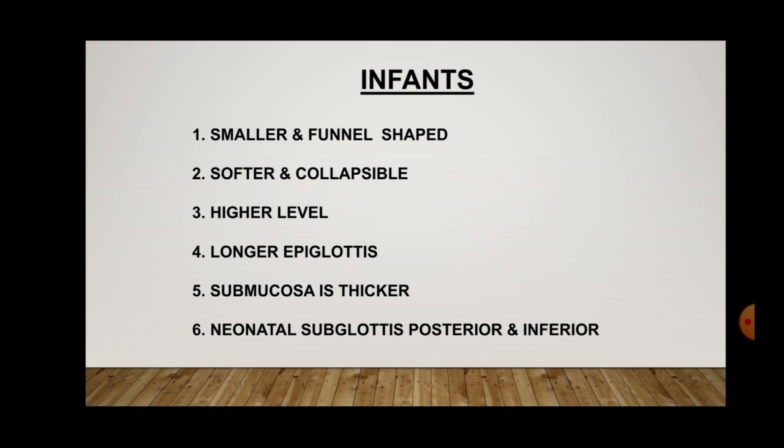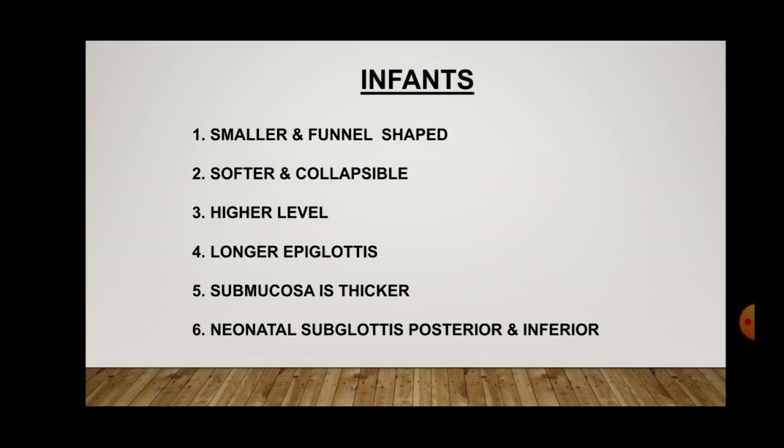So in infants, the larynx is smaller, funnel shaped and narrower than in the adult. The laryngeal cartilages are softer and easily collapsible, and it is placed at a higher level. The upper margin rests at the level of the axis vertebra in infants, and the epiglottis is longer and deeply grooved, which is more suited to protect the air passage during suckling.